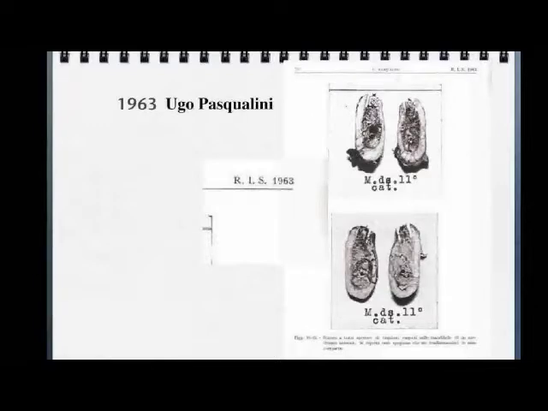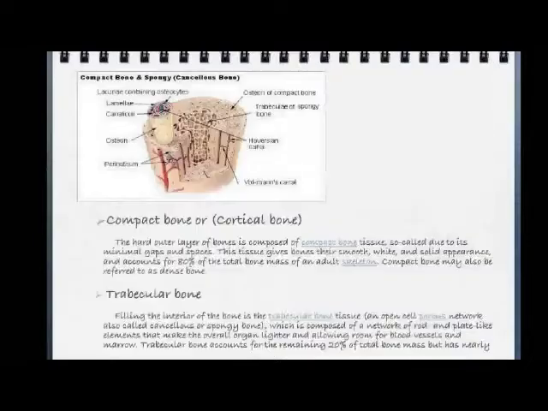In 1963, the studies of the famous Italian implantologist scientist Ugo Pasqualini demonstrated how the bone changes under the load. We're going to take a look at the classification of the bone, the lamellar bone and the woven bone. Ugo Pasqualini demonstrated how the bone under the load changed from woven bone to lamellated bone, and we demonstrate this on those slides.